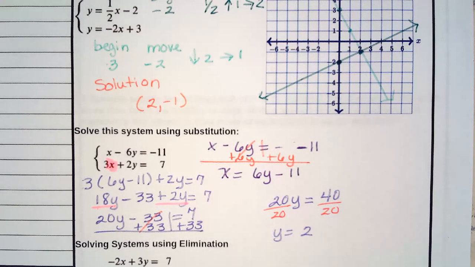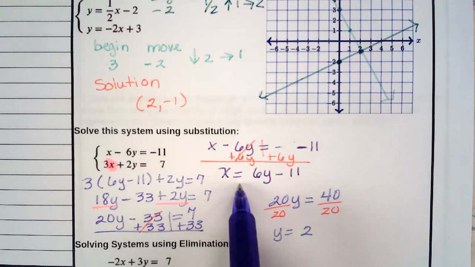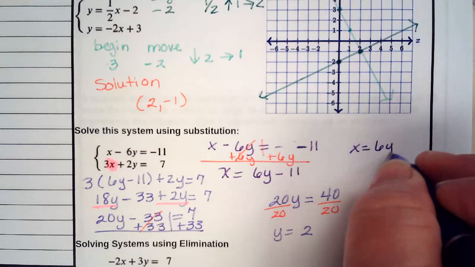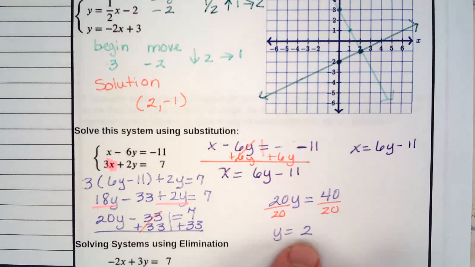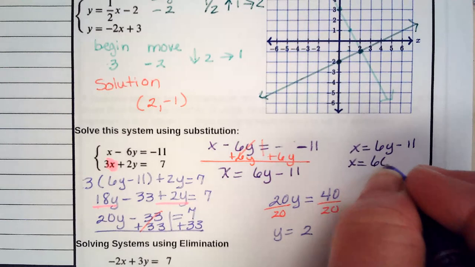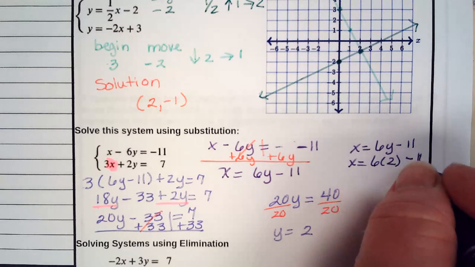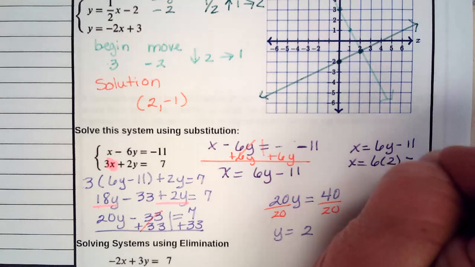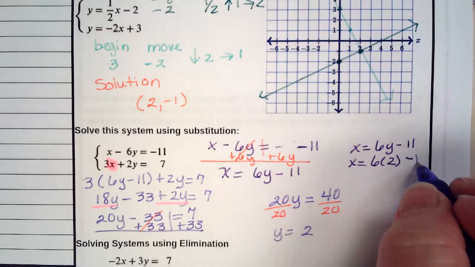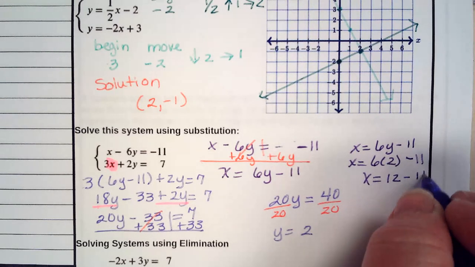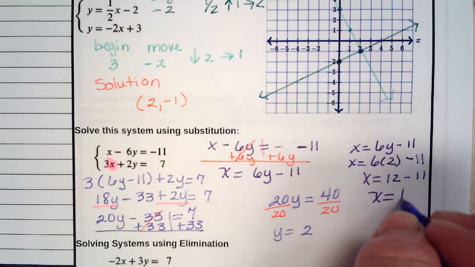But I still have to find x. So I'm going to go to where I've solved for x. x is equal to 6y minus 11. But y is 2. x is equal to 6 times 2 minus 11. That's a really bad 11. x is equal to 12 minus 11, and x is equal to 1.